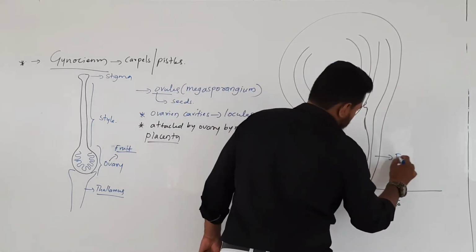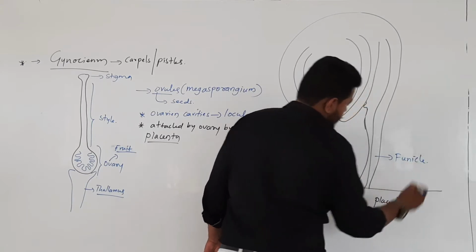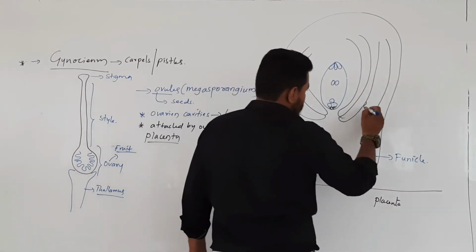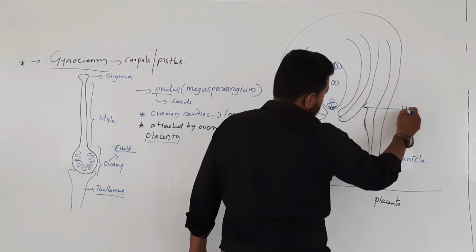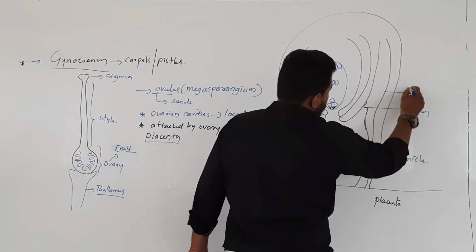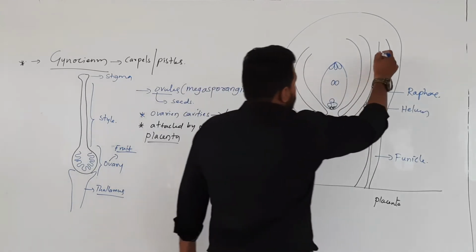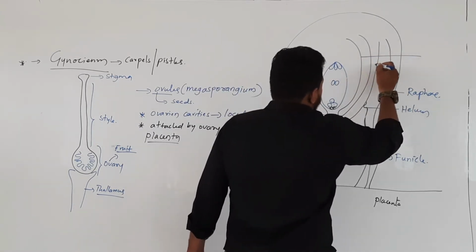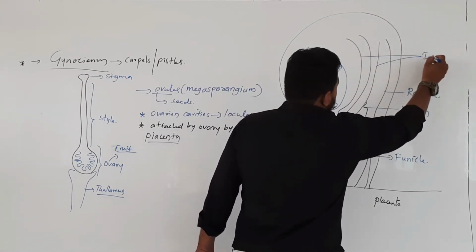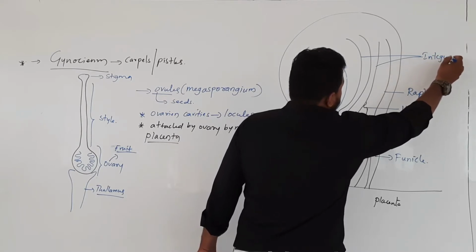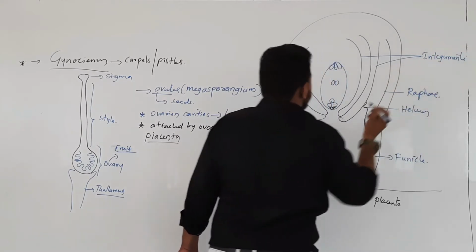This is called funicle and this edge is called hilum. This is raphe. These are the integuments.